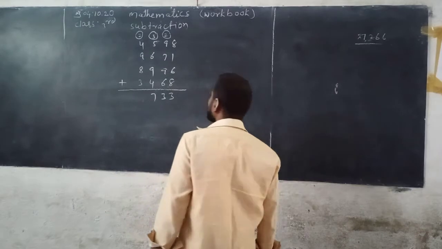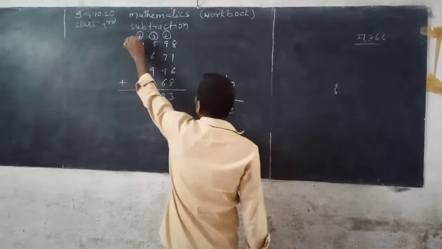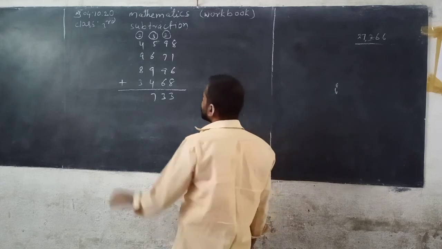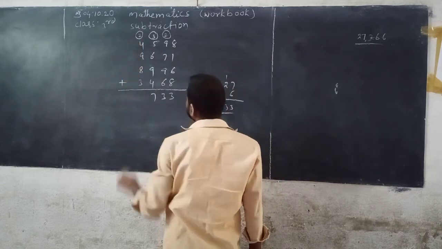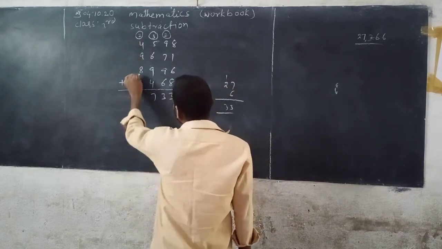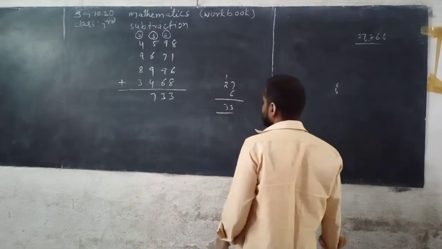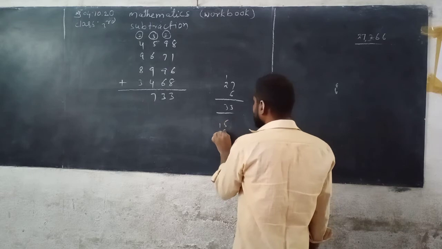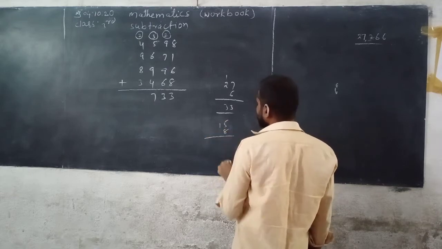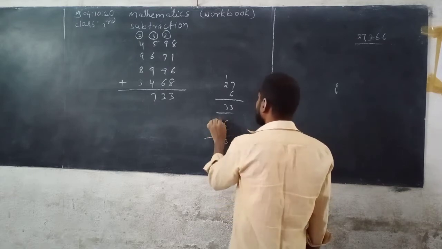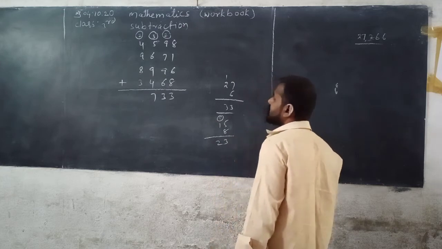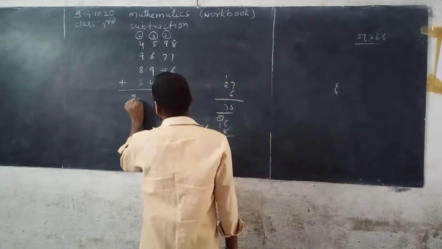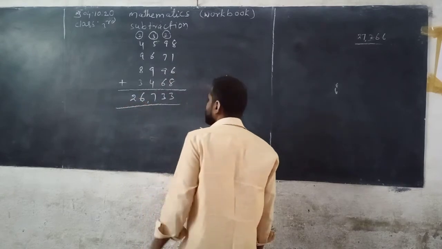Next add the digits in thousands place, that is 2 plus 4, 6, 6 plus 9, 15, 15 plus 8, 23, 23 plus 3, 26. So you can write 26.